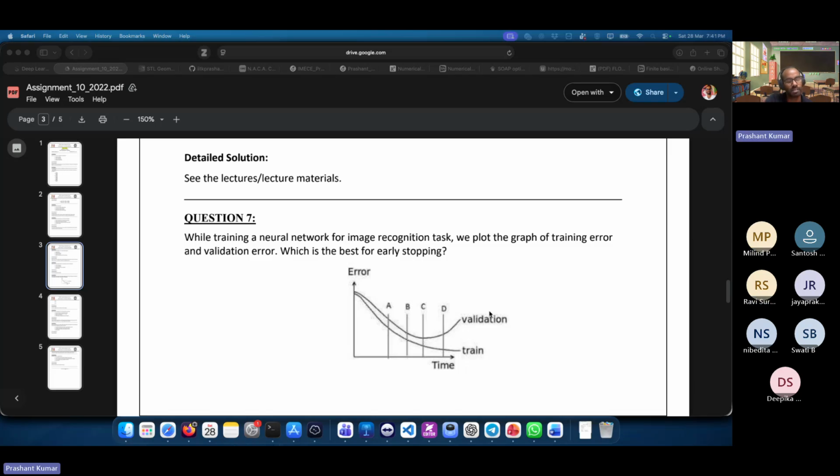See, let's say you have 100 data points, and whenever you are separating your training, testing, and validation, you basically assume that your data is independent and identically distributed, IID.